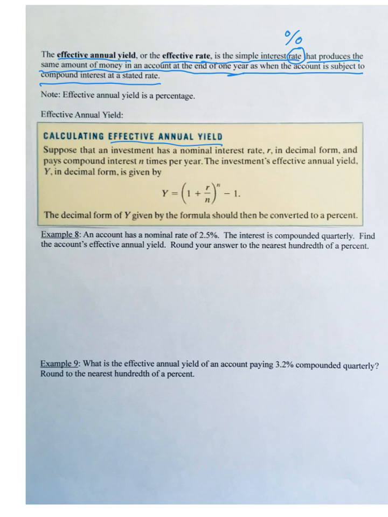So our formula is going to be, if I look in that yellow box, the effective annual yield is represented with a y, of course, for yield, and it equals parentheses 1 plus r over n, close the parentheses, raised to just the n power. Since time is always going to be 1 year, we don't need to plug into time t.